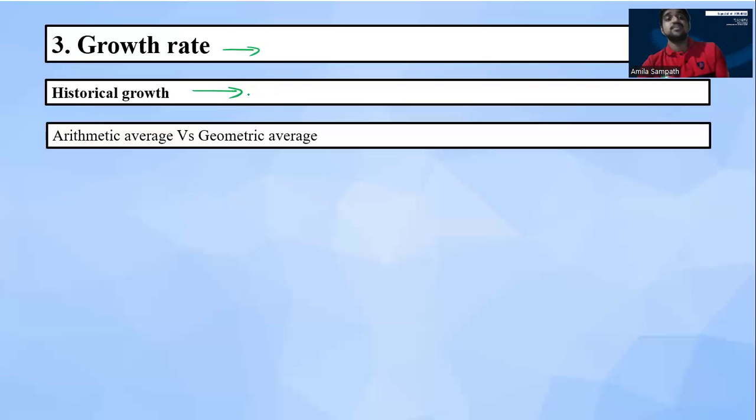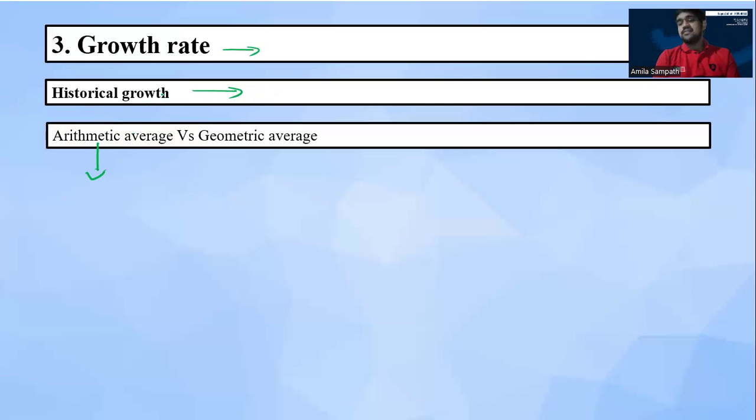With that assumption, we can use our historical growth. Based on the historical data, we should identify our growth rate. For that purpose, we have several methods. One method is the arithmetic average. It's the simplest method that we can use to identify the growth rate.